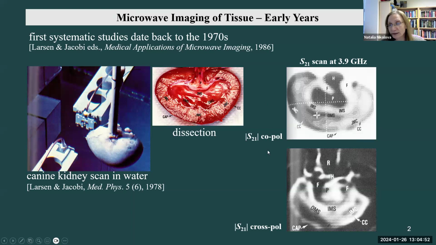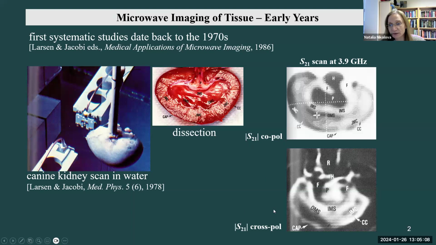More importantly, as expected actually, the copole S21 plots and the cross-pole S parameter plots showed fairly complementary or different information.